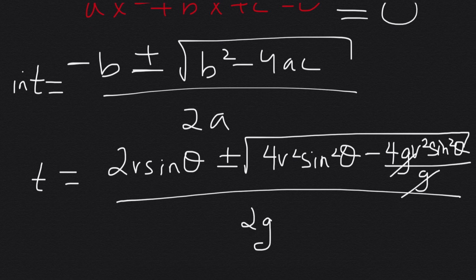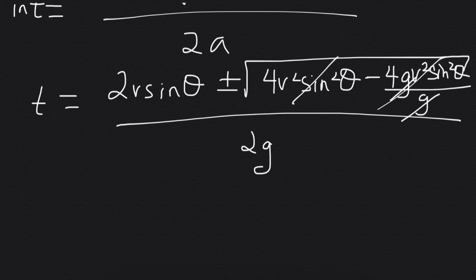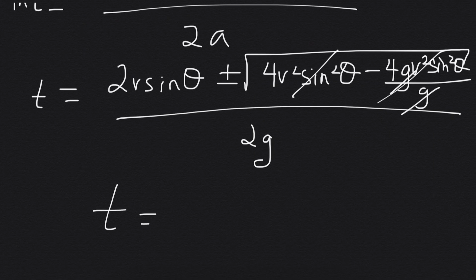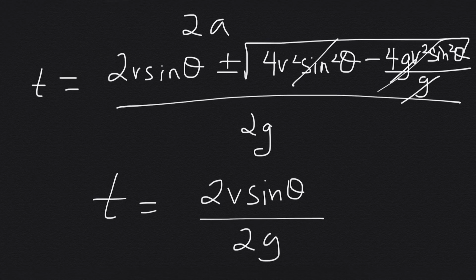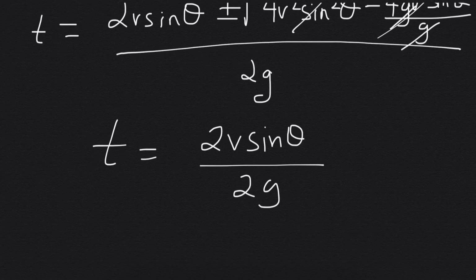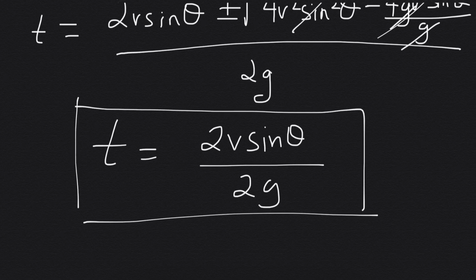And if I'm not wrong, this g and this g cancels out. 4v squared sine squared theta minus 4v squared sine squared theta. Both of these actually cancel and give us a 0. So this is interesting. T is equal to 2v sine of theta divided by 2g. I'm going to verify all these equations. I'm just doing these without even looking at my notes. So yeah, this looks like what t should be.